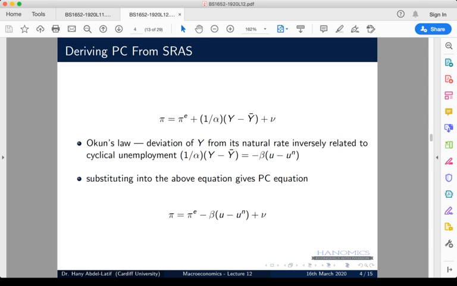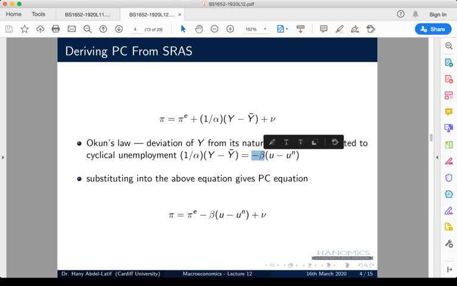And that's exactly what we discussed when we talked about Okun's law: the deviation of the actual output level from its natural rate is inversely related to cyclical unemployment. We can then replace this term here; this is a constant, equivalent to this one.